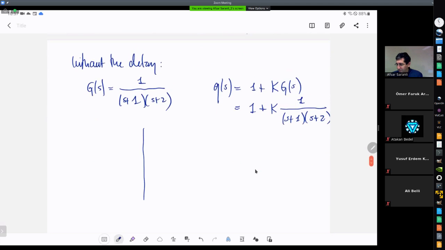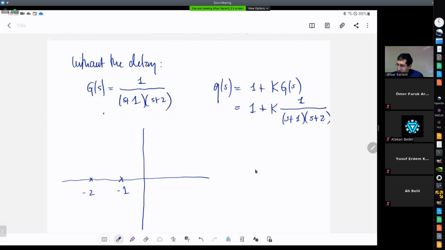Let me quickly sketch this for you. So we have an open loop pole at -1, another open loop pole at -2. The number of asymptotes is 2, okay? And therefore the angles of the asymptotes are 90 degrees and -90 degrees.